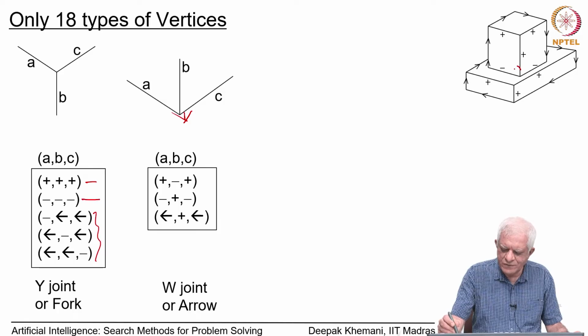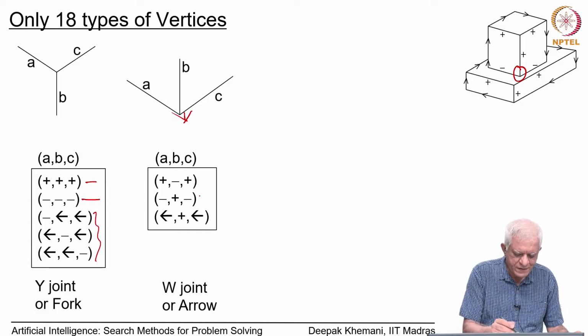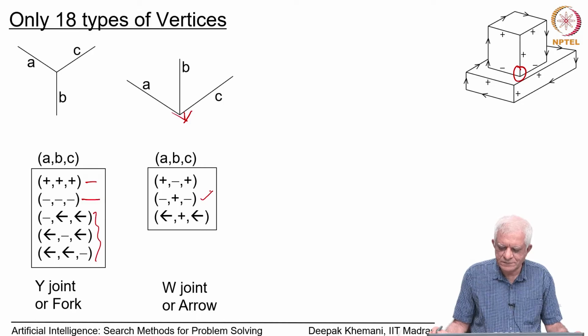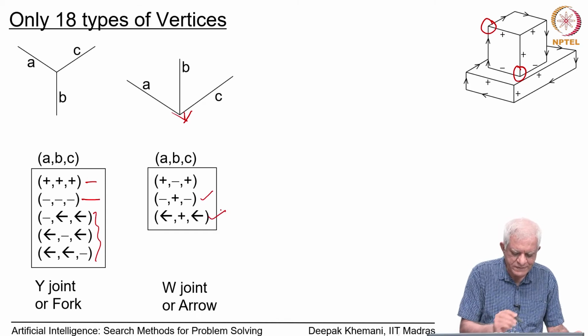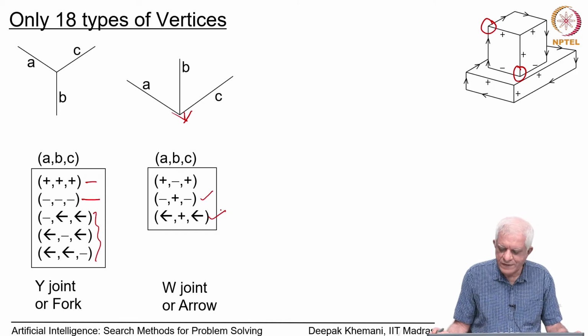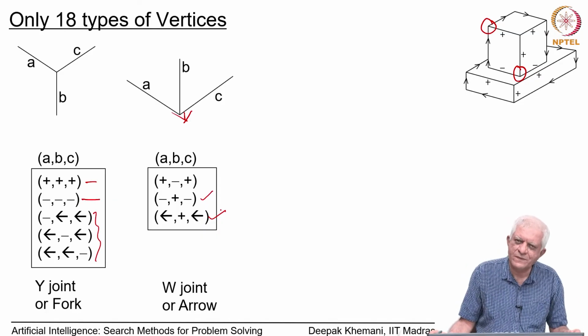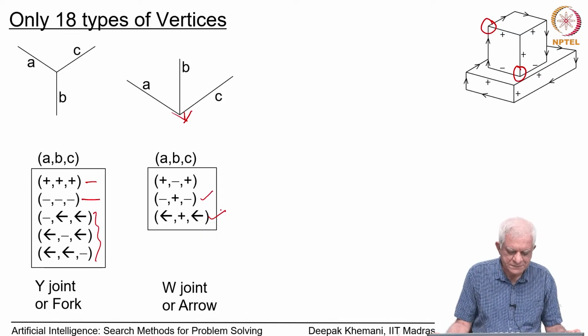So, you can see a W joint here, for example, it has a label of minus plus minus, which is this one here. You can see another W joint here, which has a label of arrow arrow plus, and the third one can be plus minus plus, which is not there in this figure, but in the other figure that we drew, it should be there essentially.